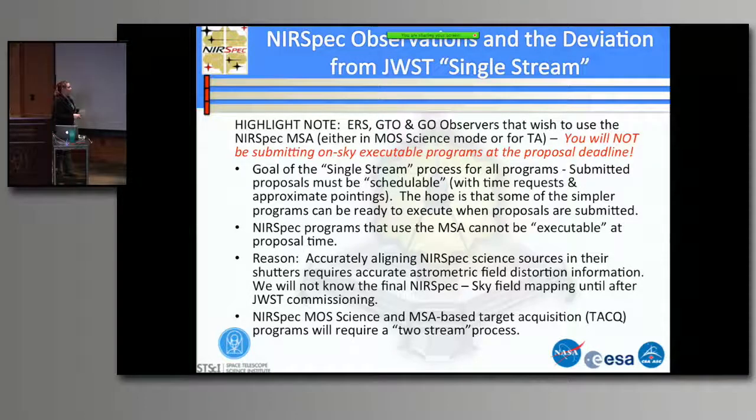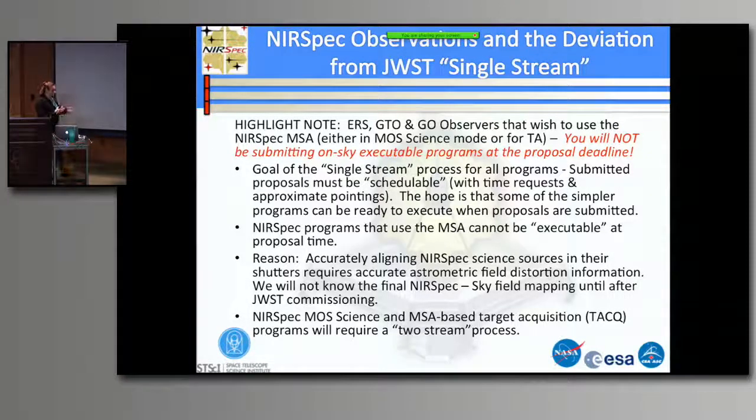The reason for this is that accurately aligning those NIRSpec science sources in their little microshutters requires very well-calibrated astrometric field distortion information, which we will not have until after JWST commissioning.